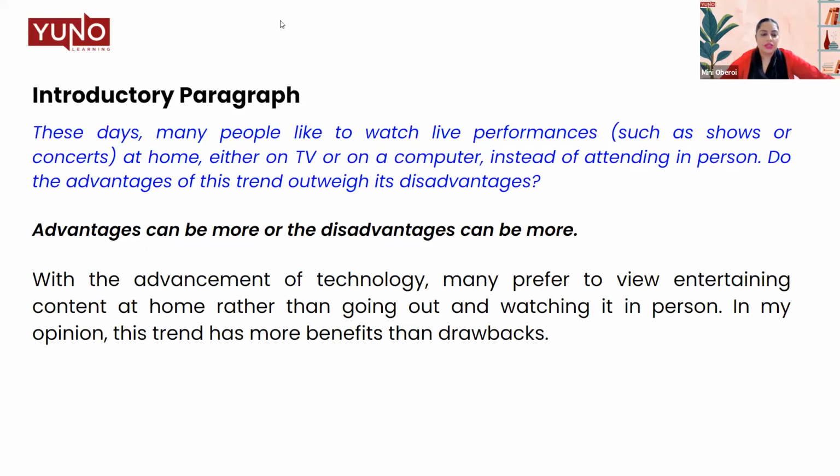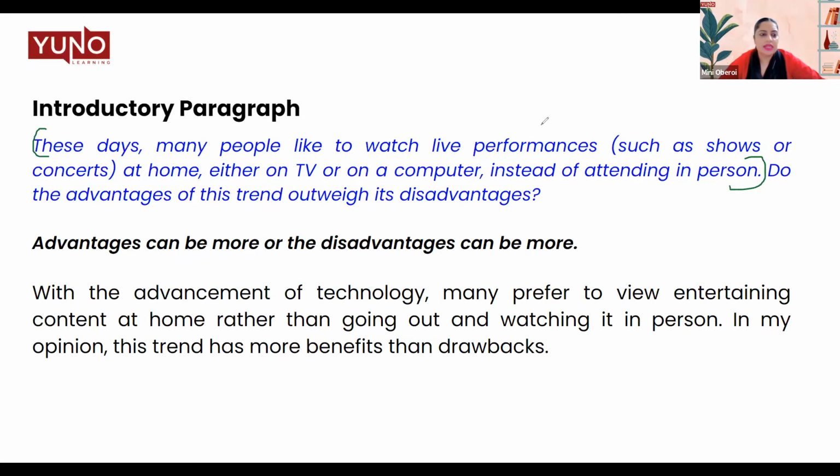So the introduction is very clear. I will just try to rephrase the question topic. So this is my topic, right? We know that this is our topic, and I will just try to paraphrase it first. So with the advancement of technology, many prefer to view entertaining content at home rather than going out and watching it in person.